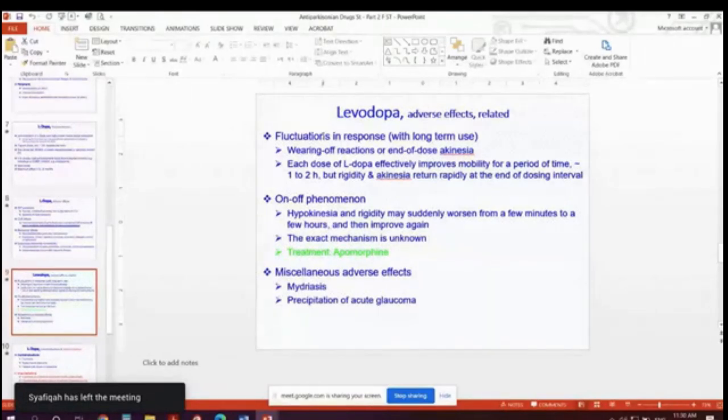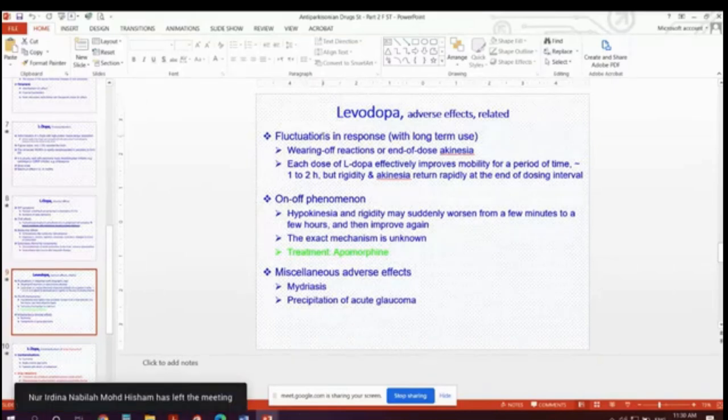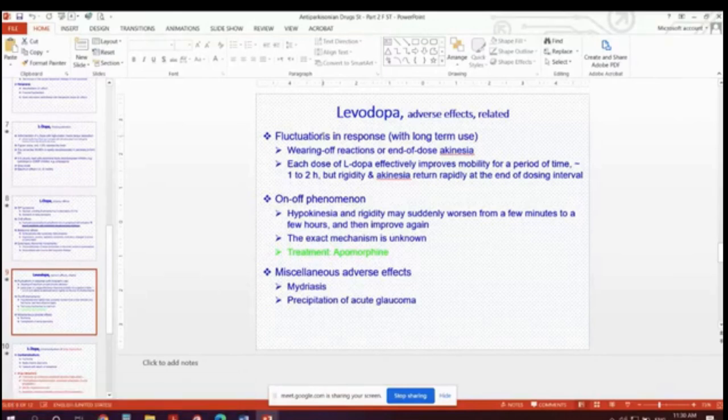So now with levodopa, suppose you give the dose twice a day. At the end of that 12 hours, maybe after 10 hours, the patient starts getting back the symptoms, the clinical features of Parkinsonism, like rigidity, akinesia, and so on.